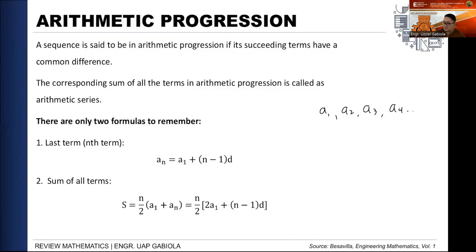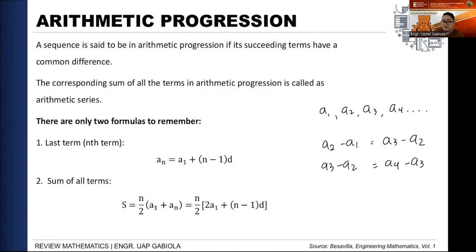Dapat yung A2 minus A1 equal siya sa A3 minus A2. Or yung A3 minus A2 dapat equal siya sa A4 minus A3. So yung magka-succeed na term, pag pinag-minus mo yung larger number minus yung lower number or yung current term minus yung previous term, dapat same sila ng difference.